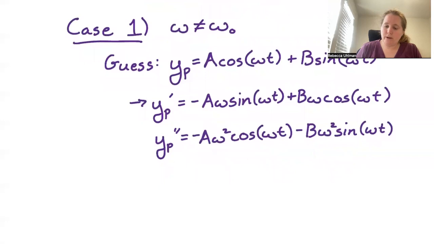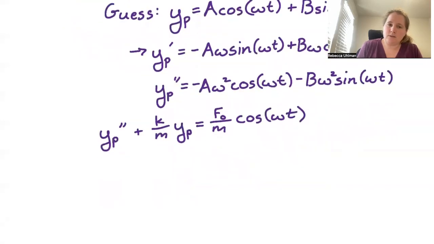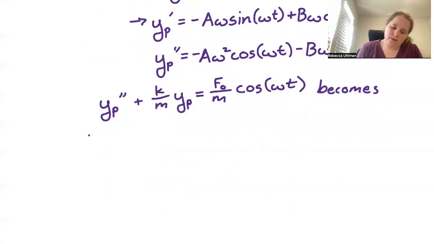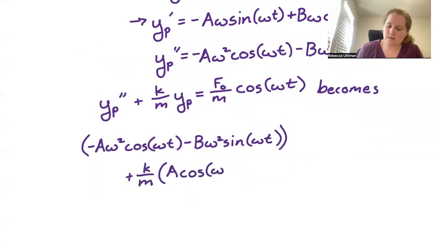If we plug this into our equation, yp double prime plus k over m times yp equaling F naught over m times cosine of omega t, we would have negative a omega squared cosine of omega t minus b omega squared sine of omega t, then plus k over m times a cosine of omega t plus b sine of omega t.